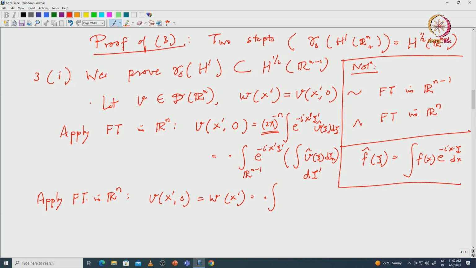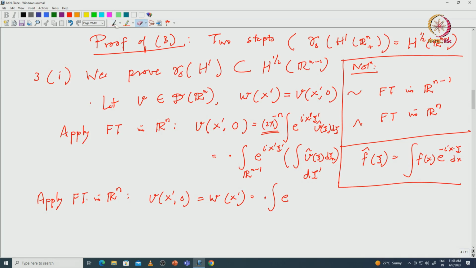So, what you are doing? I am applying the inverse Fourier transform, so I will not have any minus there.